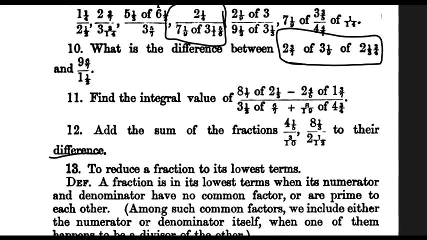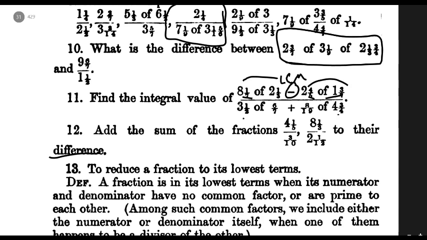Okay, and 11, find the integral value of all of this. Okay, so we are going to again convert everything into improper fractions, multiplying numerators and denominators, multiplying numerators and denominators, get a common, least common multiple so you can subtract.